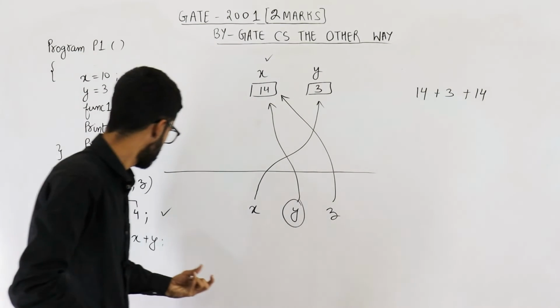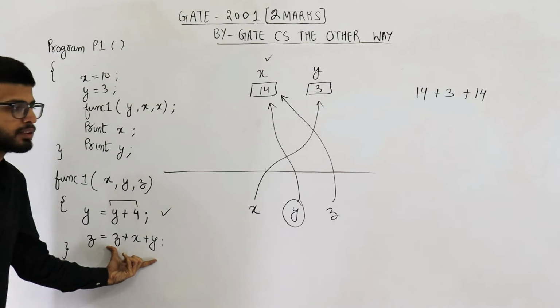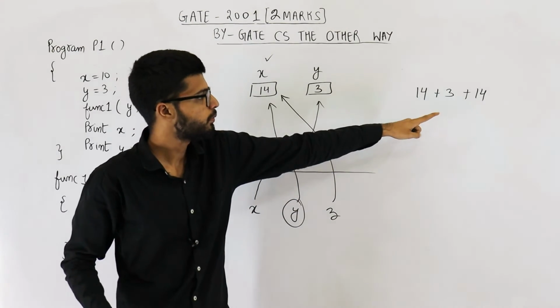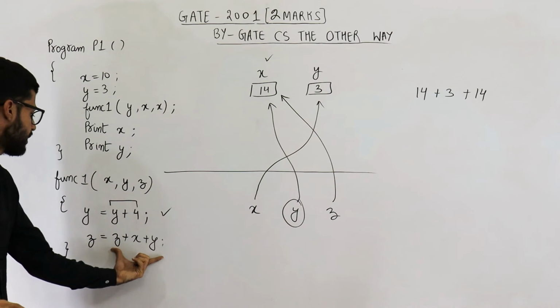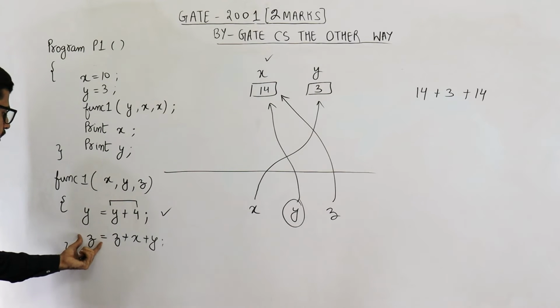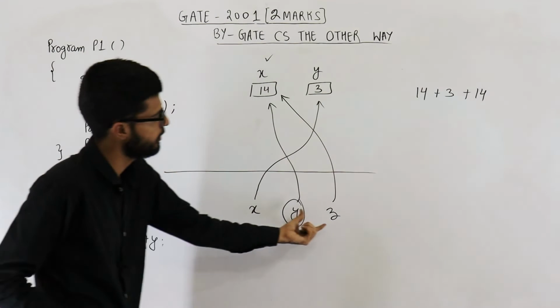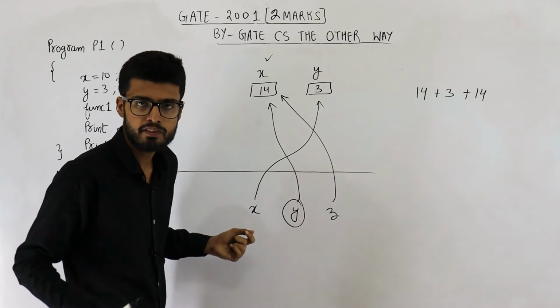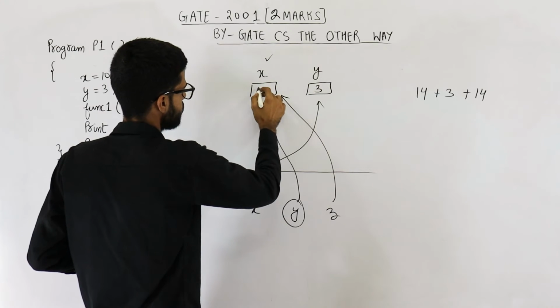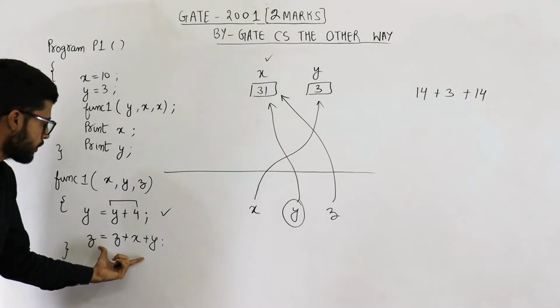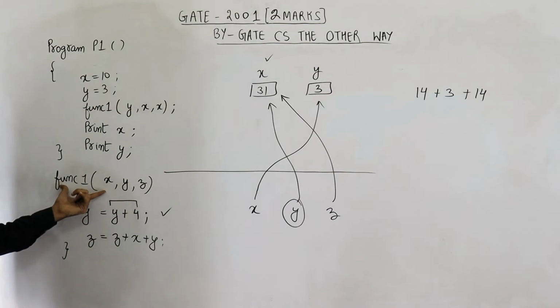So the RHS of this equation is 14 plus 14 is 28, 29, 30, 31. 31 is saved here. What is this? This is z. z means here. So 31 is saved here.